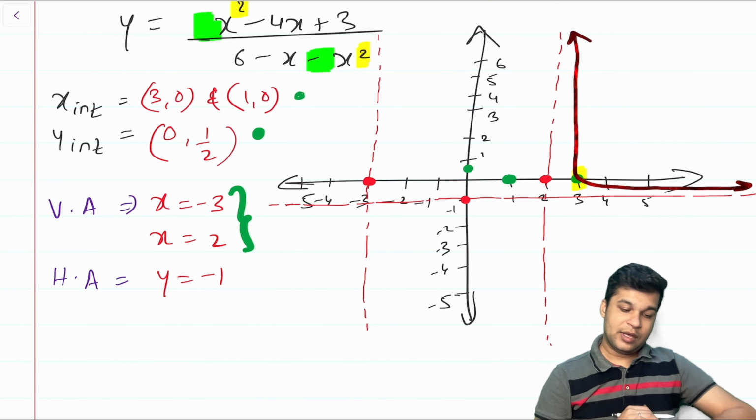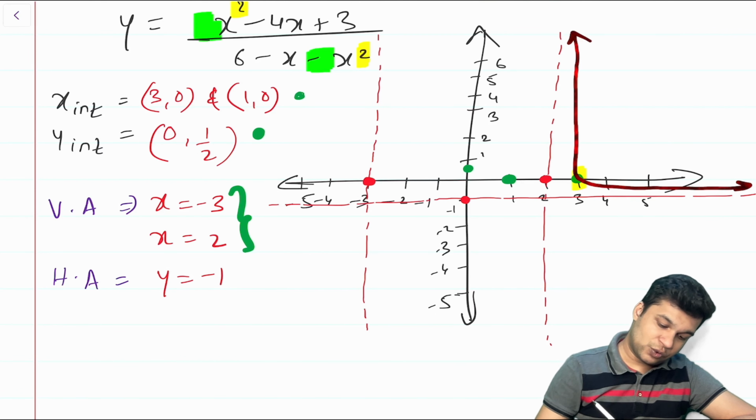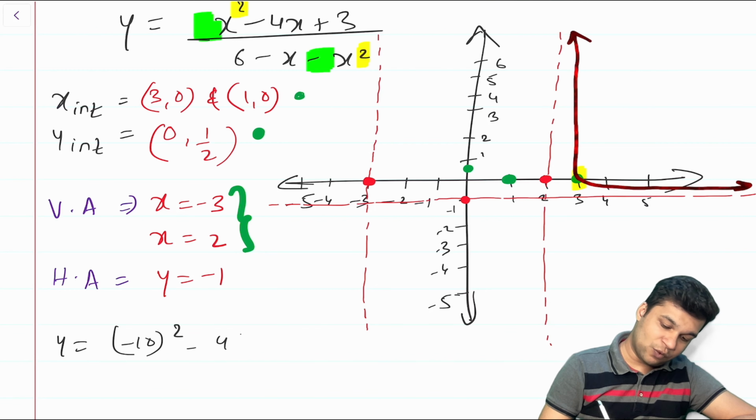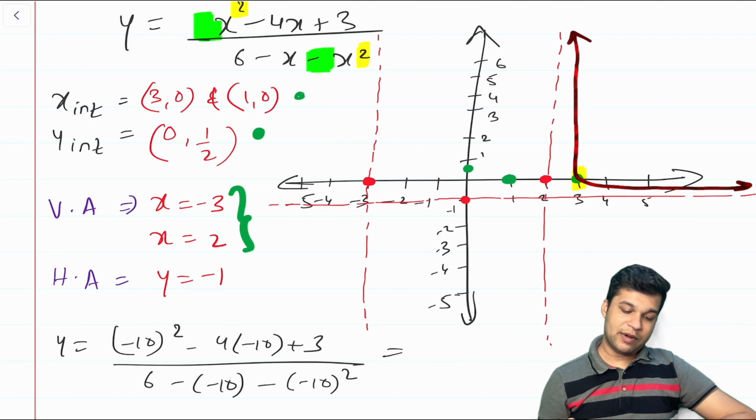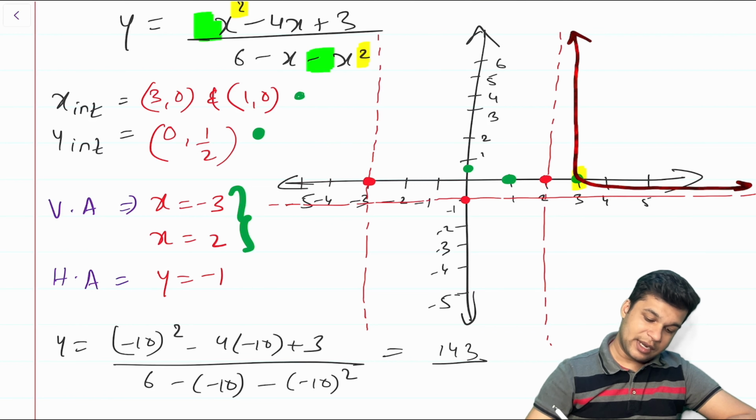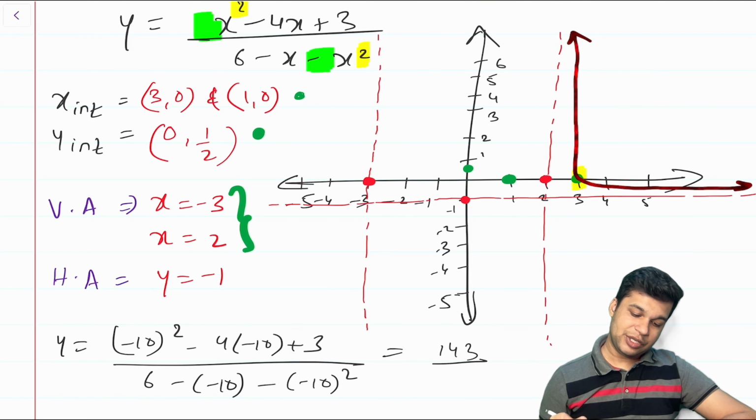Okay, let's choose a number. Let's say -10. So y equal to (-10) whole square minus 4 times -10 plus 3, divided by 6 minus -10 minus (-10) whole square. So this will be 100 plus 40 plus 3, 143. So 143 divided by 6 plus 10 is 16, 16 minus 100 will be minus 84.